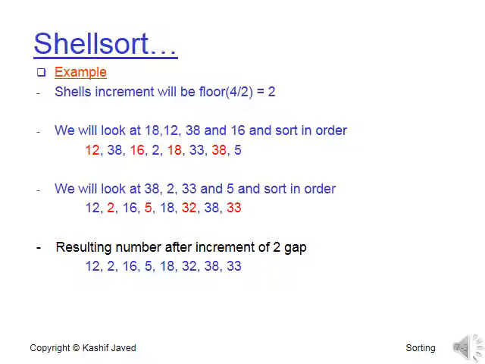Similarly, we will look again at numbers 32, 2, 33, and 5 and sort in order, which will be 2, 5, 32, and 33. Resulting numbers after increment of gap 2 will be 12, 2, 16, 5, 18, 32, 38, and 33.